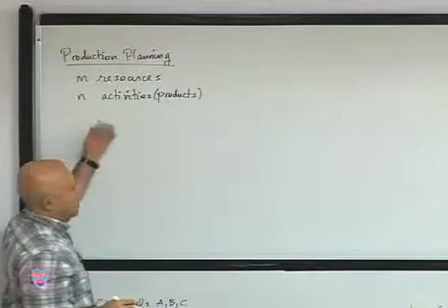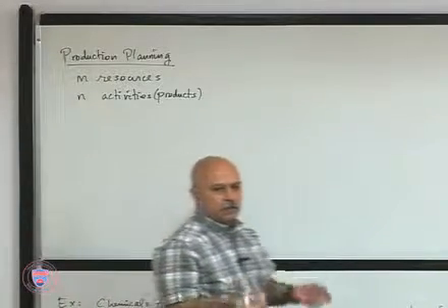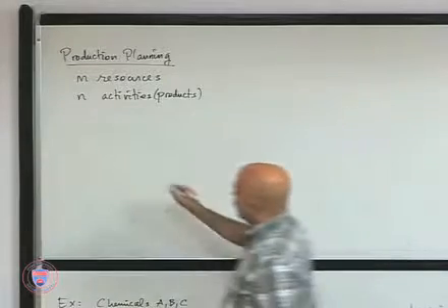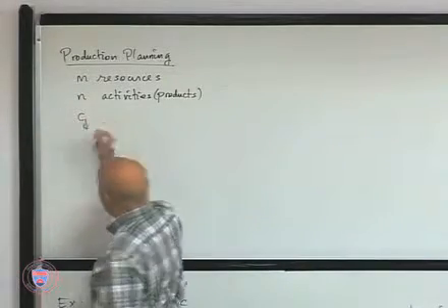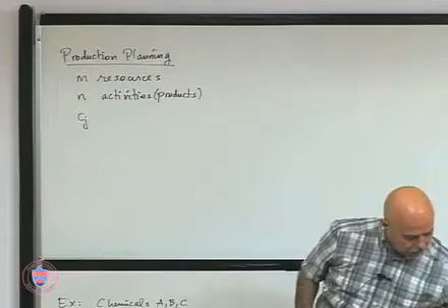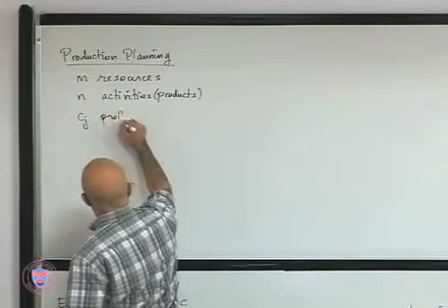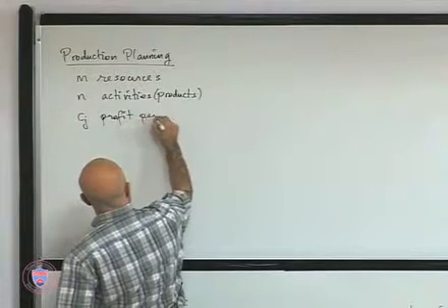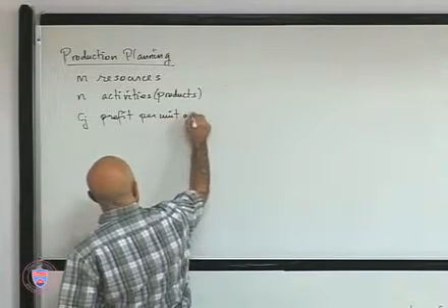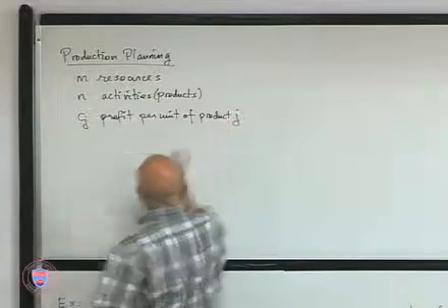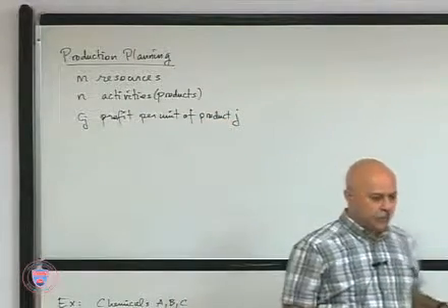Each activity or each product consumes a certain amount of the resource. And let's take Cj to be the profit level for product J. Of course, these Cj's are given numbers.